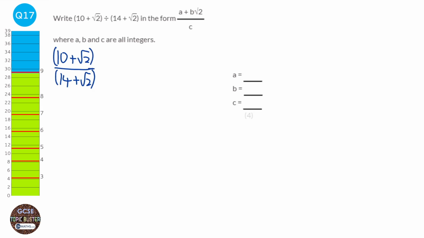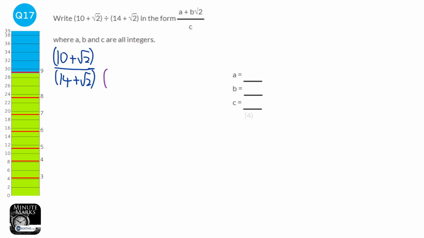So we're asked to change this into a fraction without a surd at the bottom. And so it's basically asking us to rationalise the denominator. Now, when you have two terms, including a surd at the bottom, we need to do something a bit special with this. And the thing we do is we times it by the opposite bracket.